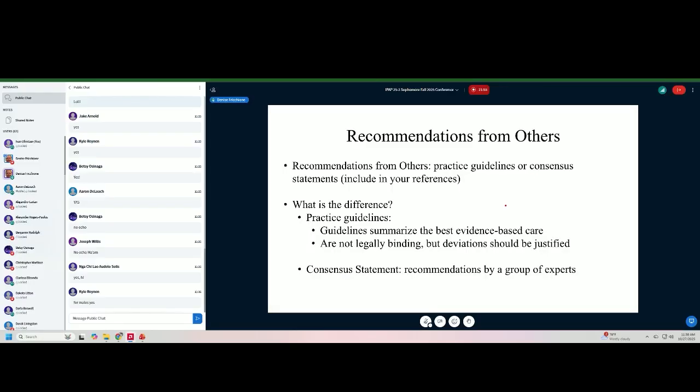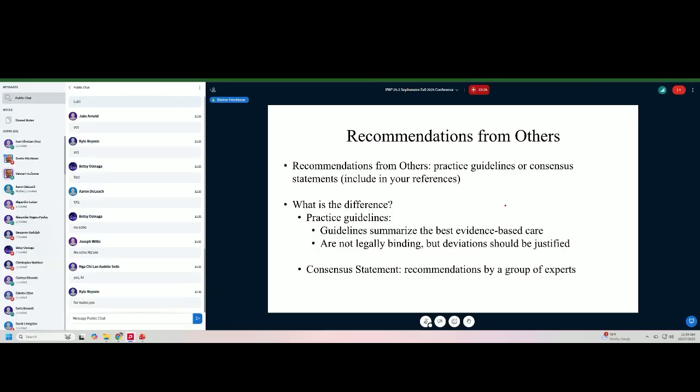The last section is going to be recommendations from others. And what that means is you're going to look for guidelines or consensus statements from groups. If your topic deals with, well, this example was hypertension in pregnancy, you're going to look for recommendations from the American College of Gynecology.